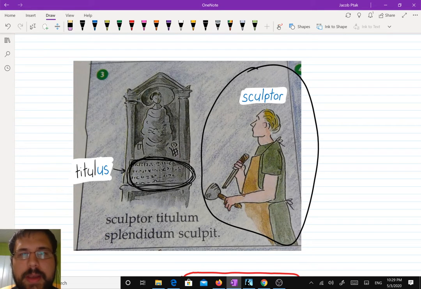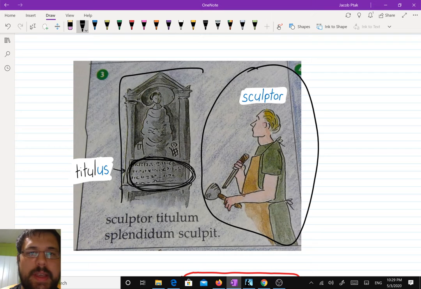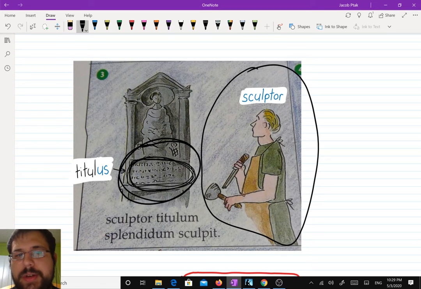So remember, this is for a funeral. So this thing here is the tombstone, and the titulus on the tombstone is what we would call in English an epitaph. So if you ever go to a graveyard or something like that, you'll see, you know, here lies so-and-so, beloved husband or something like that, and then the days that they lived. It's the same thing for the Romans.